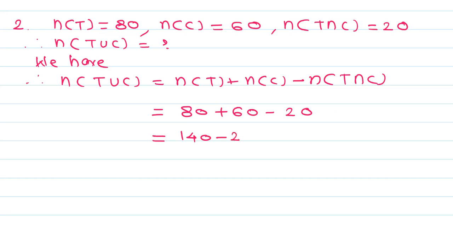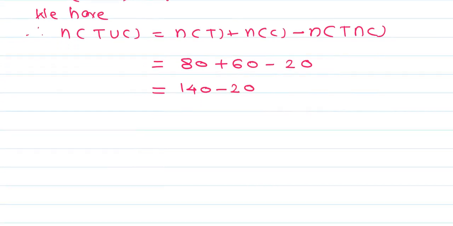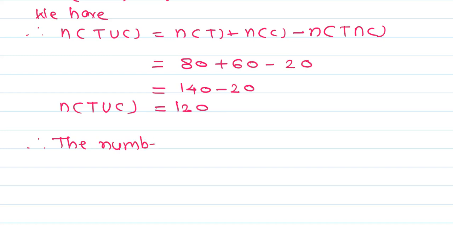That is 140 minus 20. That is 120. N of T union C is equal to 120. Therefore, the number of students who take either tea or coffee is 120.